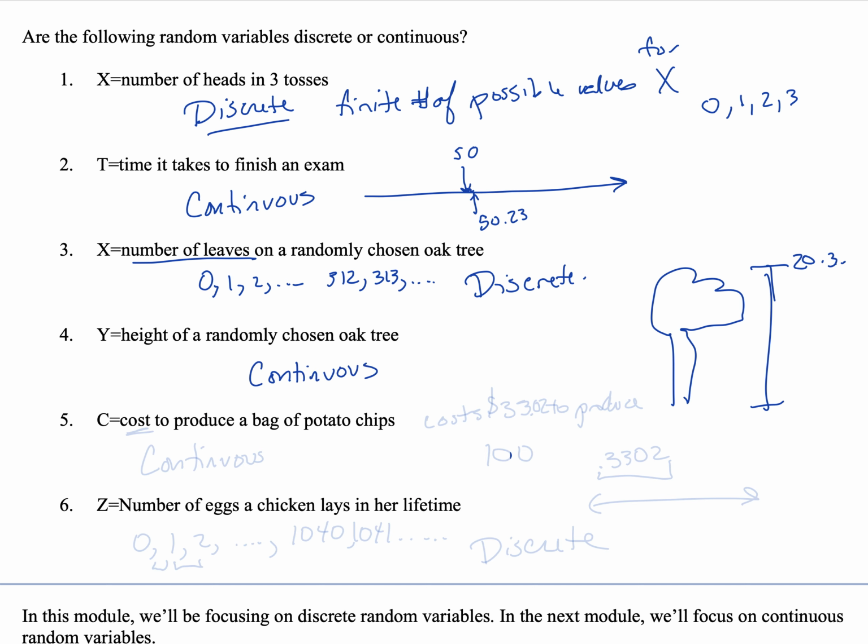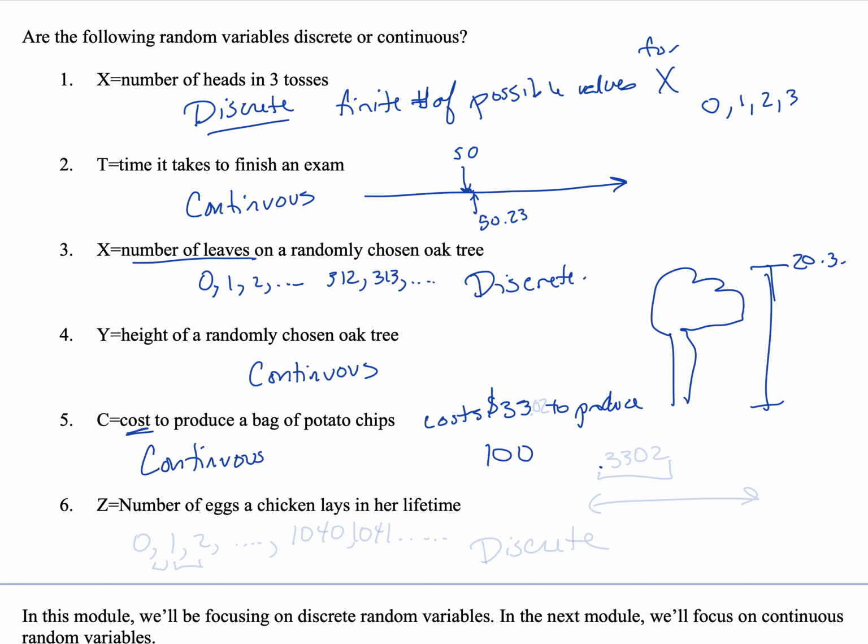Cost to produce a bag of potato chips. We do think of this as continuous, and certainly it's arguable, but in general we model cost as a continuous random variable. If you think about producing a bag of potato chips, maybe it costs say $33 to produce 100 bags of potato chips.